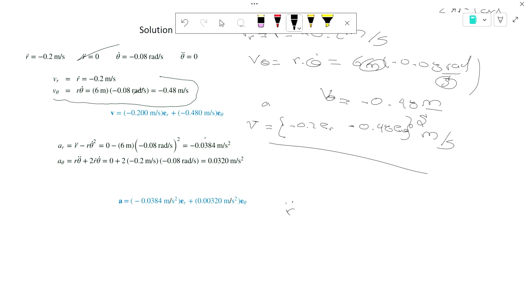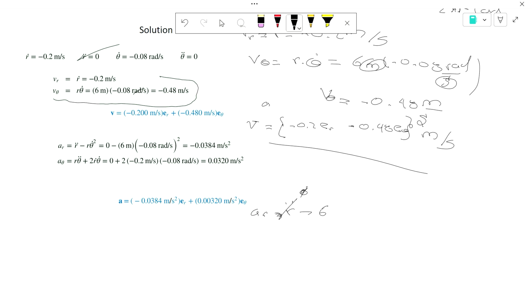And theta dot dot is 0. So very simple, because in this case we have r dot dot is 0 minus r, which is 6. And acceleration radially goes there. The radial acceleration is r dot dot, which in this case is 0, because it's not given as a function.